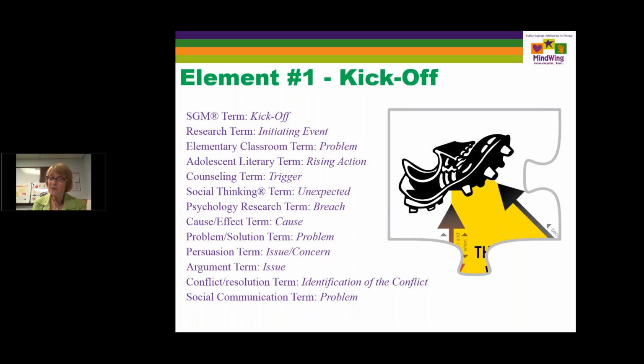In the research term for narrative development, it's called the initiating event, because of course it doesn't have to be a problem. In school, though, it's always called the problem in the story. Adolescent literacy, when there's a plot diagram or a plot mountain, will call it the rising action. A counselor may call it the trigger. In social thinking, Michelle Garcia Winner calls it the unexpected. Psychology research almost always calls it a breach. It's called the cause, it's called the problem.